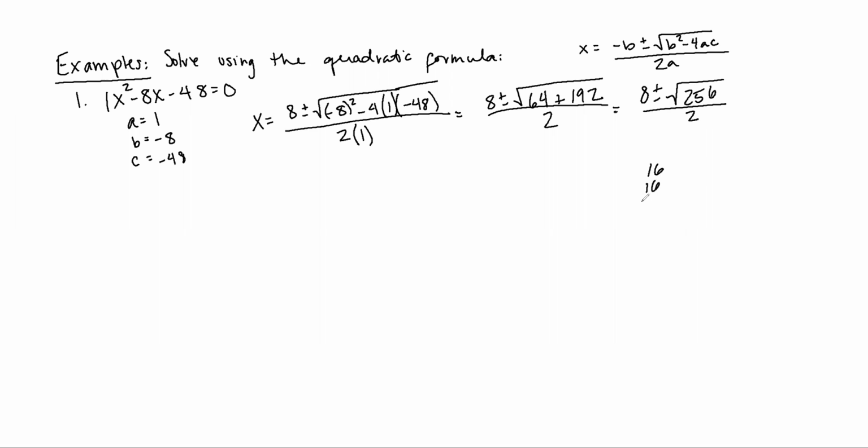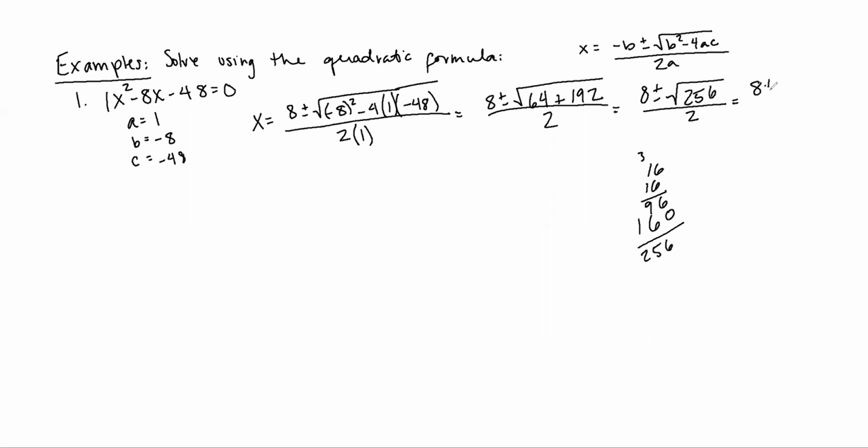If you multiply 16 times 16, then we get 256. That's the way you can check your square roots when you're not sure and you don't have a calculator. Just multiply numbers together like I did. So that means the square root of 256 is 16.